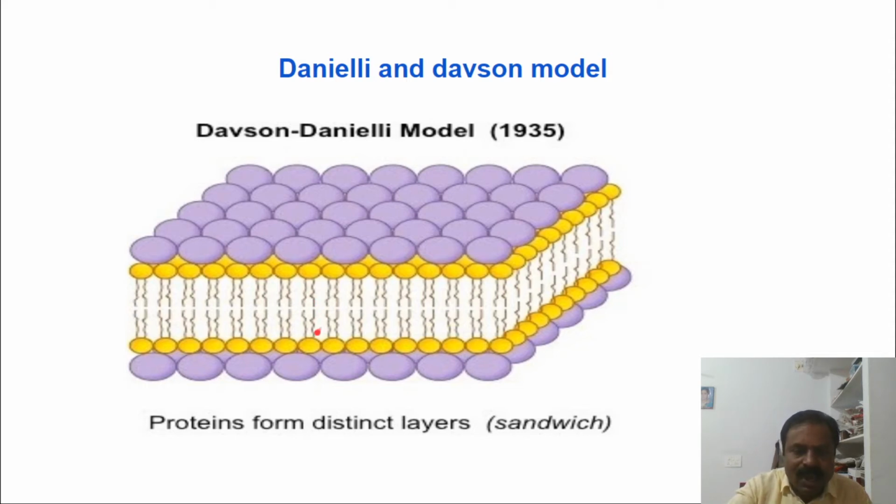And in the same manner, here also another row of lipid molecules is present.